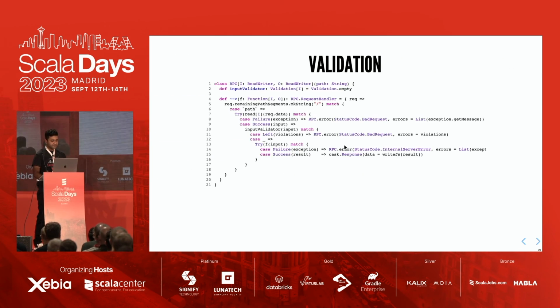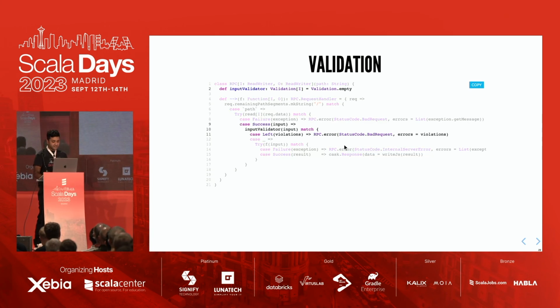And now you can share the validation. So in this case, all you have to do is, this is the arrow function. You just have to stick one in here saying, if I have an input validator defined, let me try to validate my input. So this works beautifully both ways because your front end will not make the API call if it fails the validation.